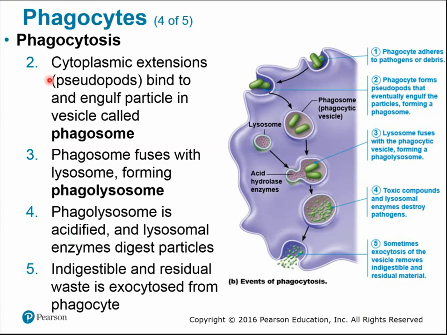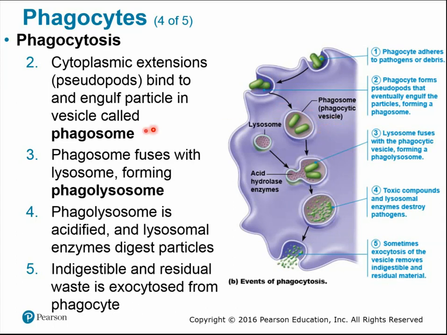So in the process of phagocytosis, the macrophage or the phagocyte would extend parts of its cytoplasm, forming a pseudopod, or a fake foot. So we wrap around the pathogen to engulf it and bring it inside the cell and form what's called a phagosome. Okay, so now that we've brought the bacteria inside of the cell, right, in the phagosome, we can start to digest it.